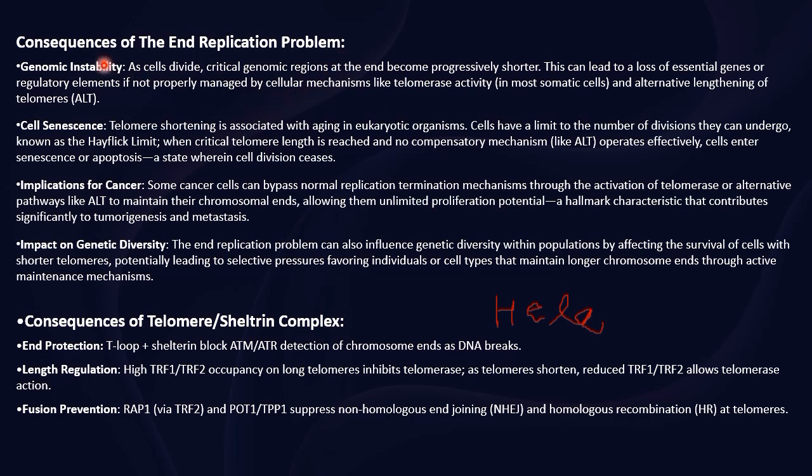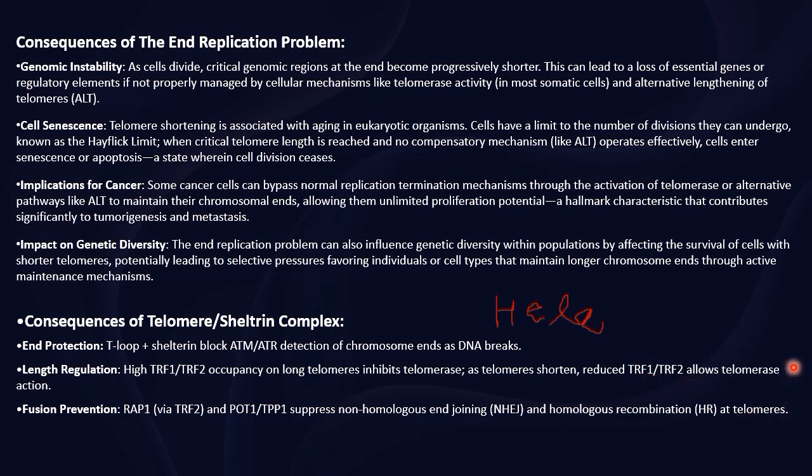The first one is end protection. The T-loop and the shelterin block ATM-ATR detection of the chromosome end as a DNA break. Next is length regulation, that is, high TRF1 and TRF2 protein occupancy on long telomeres inhibits telomerase. As the telomere shortens, reduced TRF1 and TRF2 allows telomerase action.